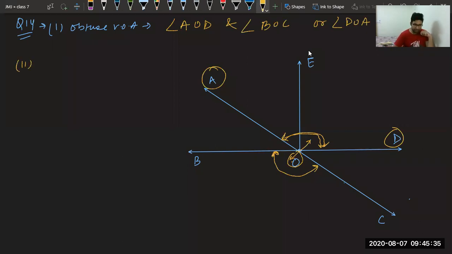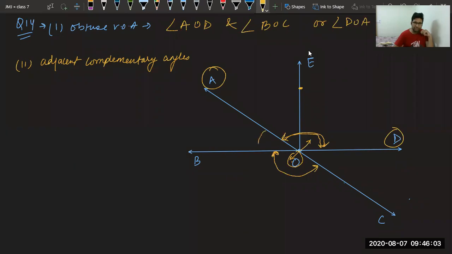Now, second part. Second part is saying adjacent complementary angles. All of you, please try to find adjacent complementary angles. If you see, complementary angles are those angles which form 90 degree, and we can say this is perpendicular.